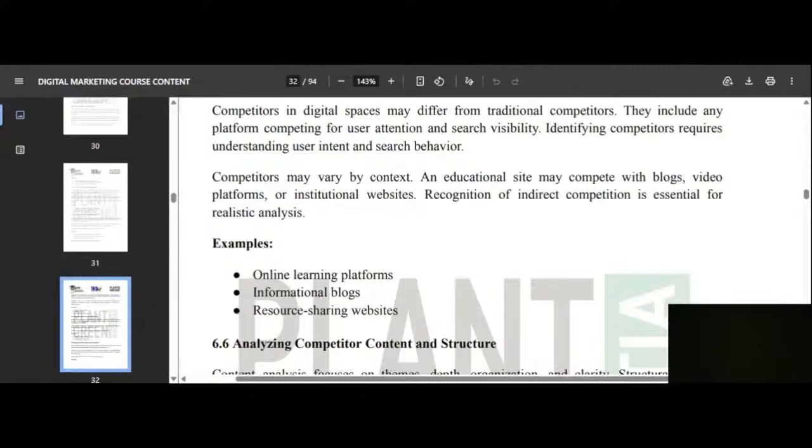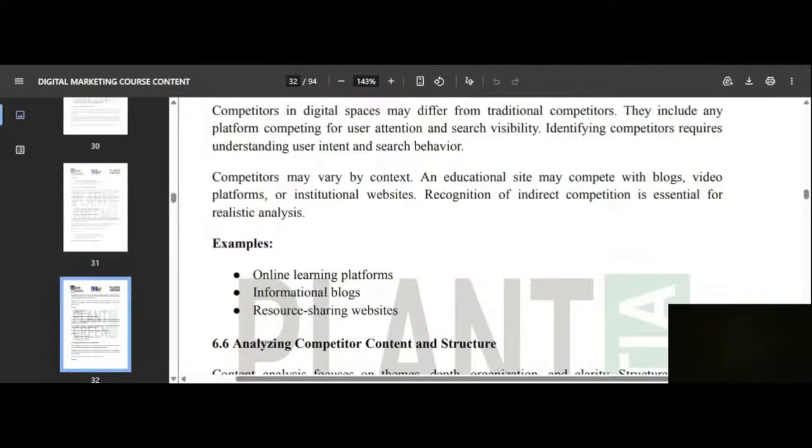Competitors may vary by context. An educational site may compete with blogs. They can even compete with video platforms or even institutional websites. Recognition of indirect competition is very essential for realistic analysis.